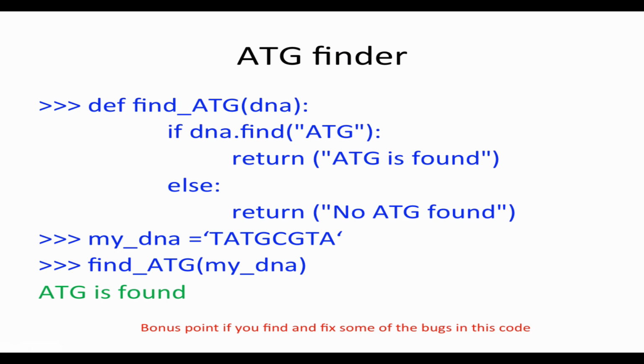And for each one of them, I call find ATG, and then it returns a value, and I could write that value into an output file somewhere. It's not absolutely required that I do it interactively and put the result on the screen. Because it's a return value, I could assign that return value to a variable. I could write it into a list. I could do whatever I want with it. Whereas a print, you don't have any other options. All it does is print it on the screen.